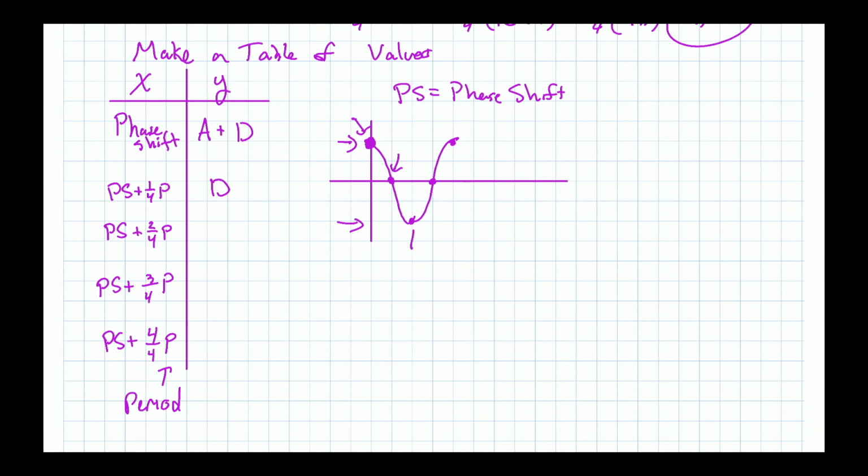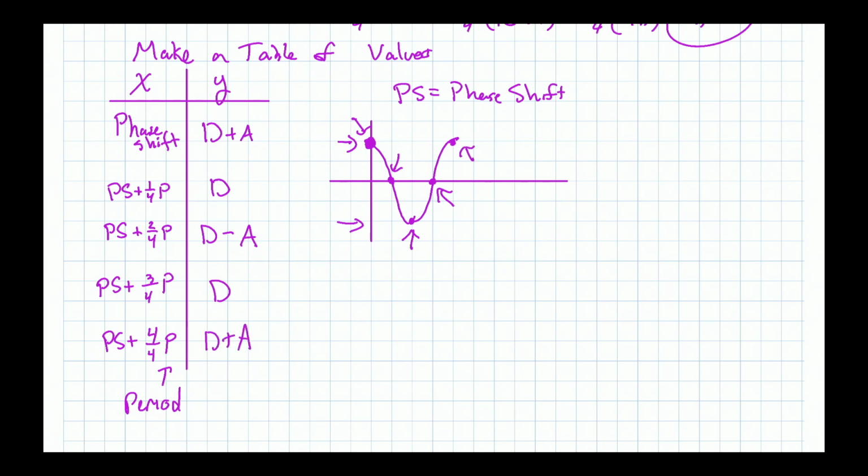Then you want the equivalent of the third point. That's going to be the D minus A. And in fact, maybe I'll come back here and I'll rewrite this as D plus A. So you have D plus A and D minus A. The next one is going to be D again, because you're back at the middle. And your last one is going to be D plus A.